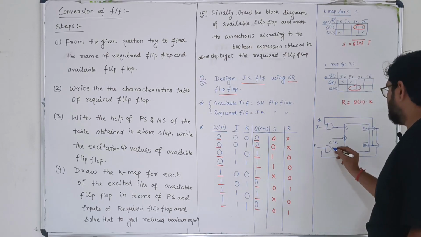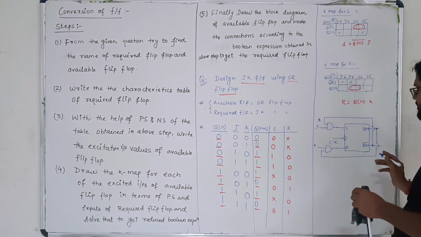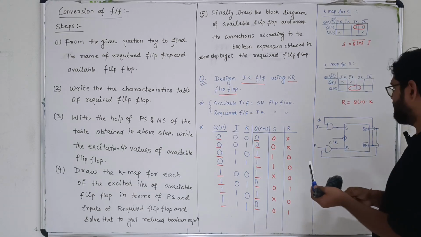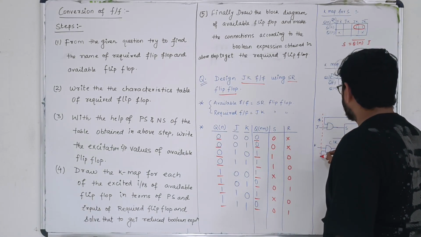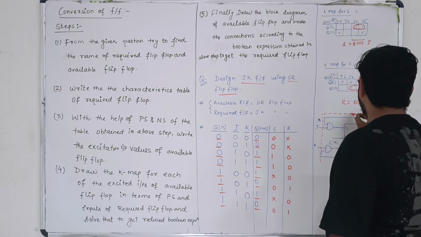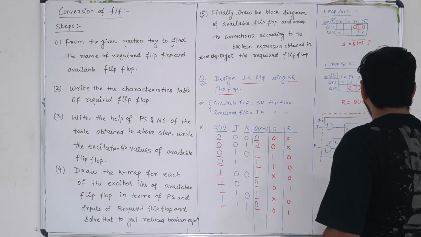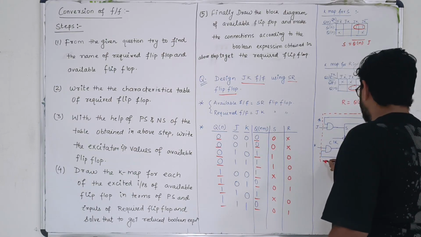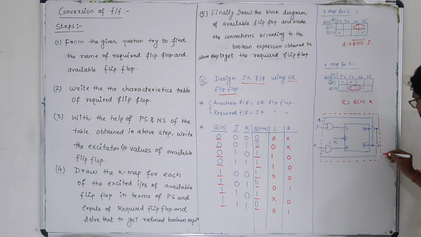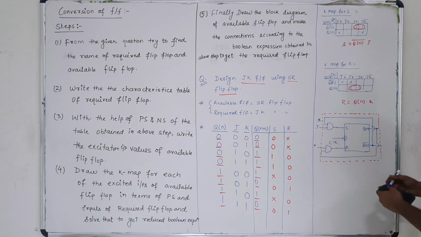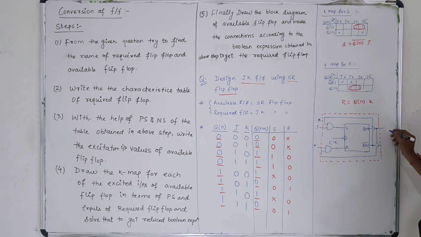Okay, and connect this to R. You can see that this is our required flip-flop. You can clearly visualize that this is the required flip-flop. This is your QN bar. All the connections are done. This is the final JK flip-flop.